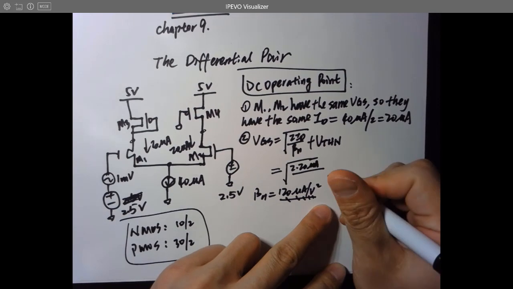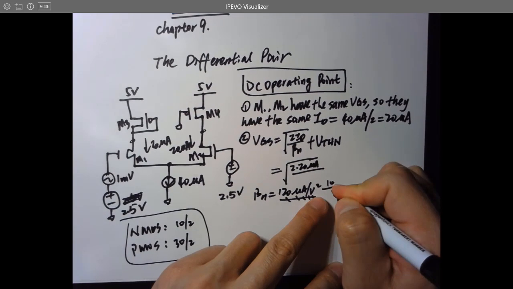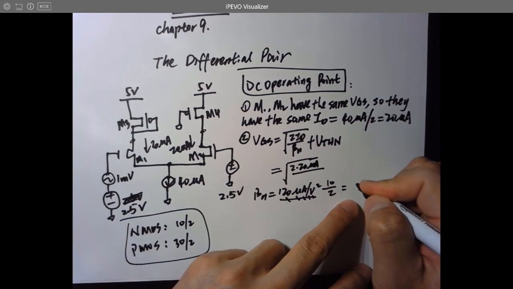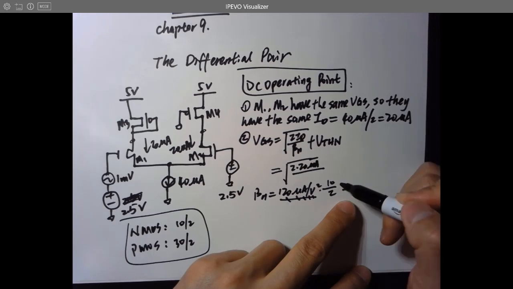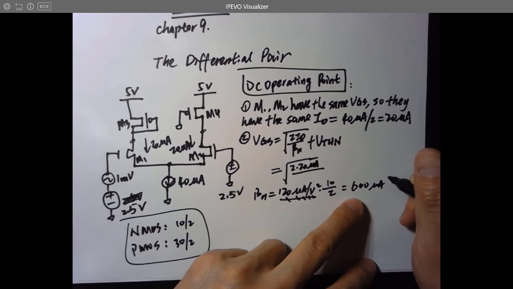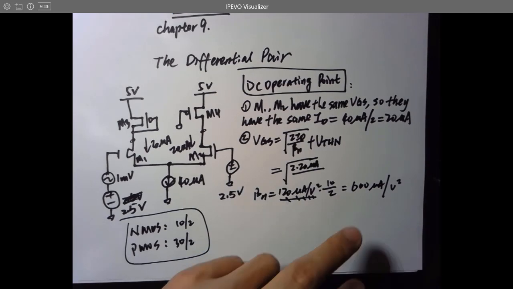And beta n equals this one times 10 over 2, which is 600. So this times 5 will be 600 microamps per volt squared.